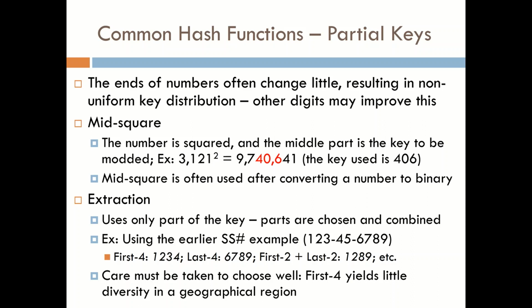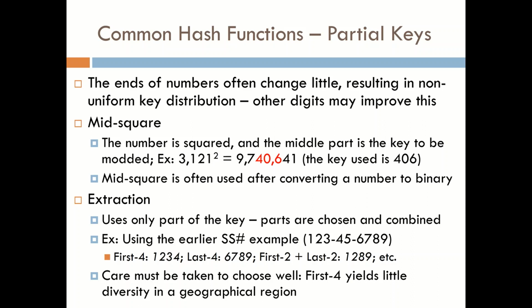Now, partial keys is one last common hash function that I want to cover. Hash functions are a whole area of research, and people sometimes spend their entire lives studying them to get good hash functions that distribute the data pretty much uniformly across the table. So I'm giving you some very basic examples just to get the point across as to how they work.